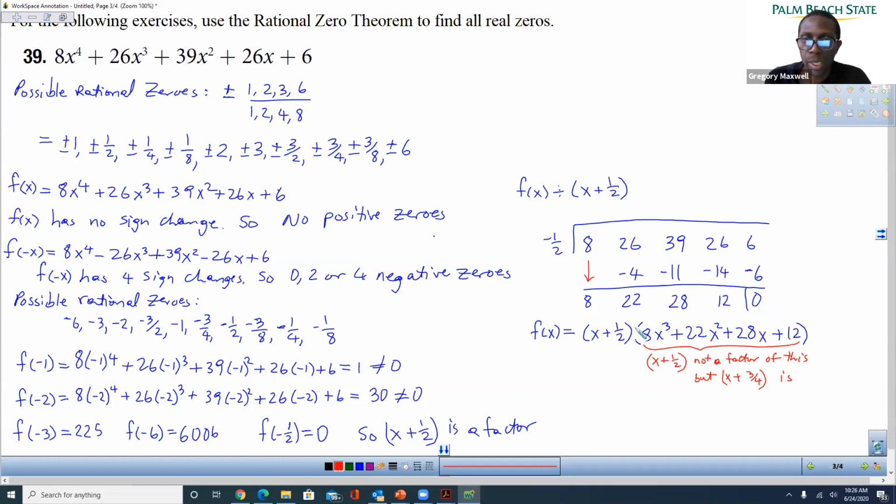So doing a little division again, we have -3/4 and the coefficients 8, 22, 28, and 12.